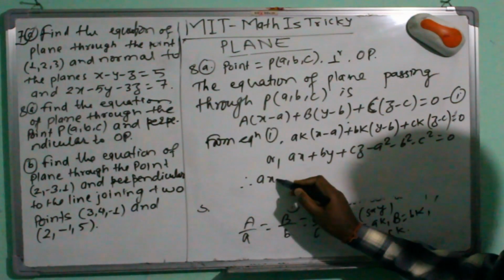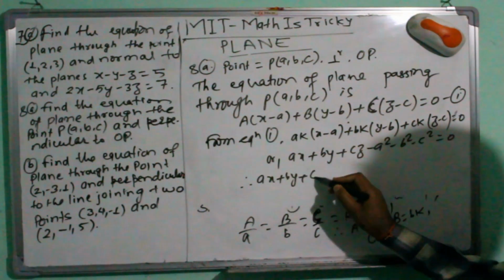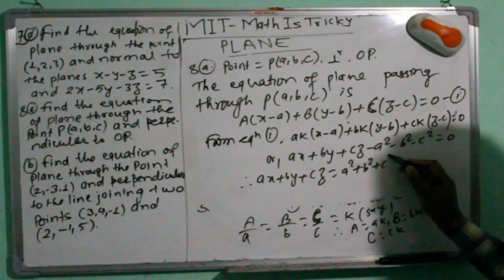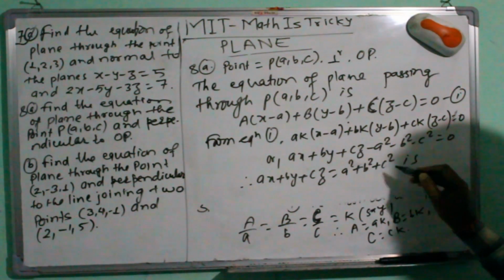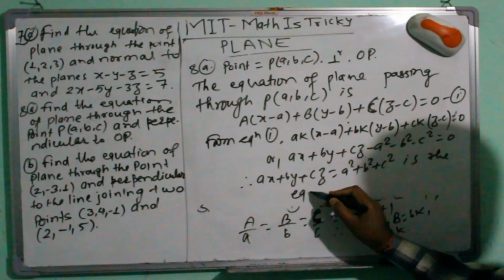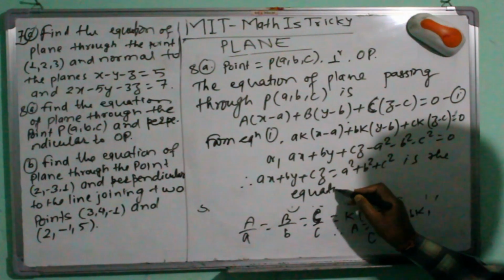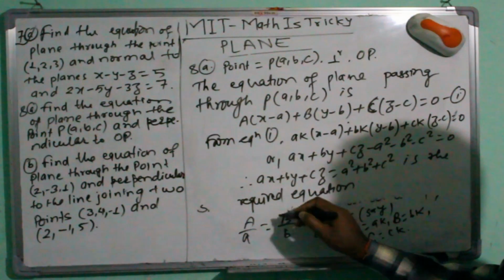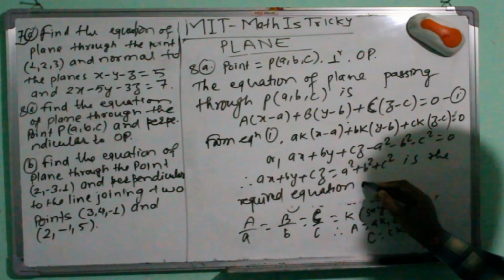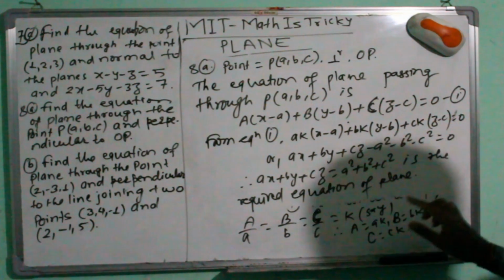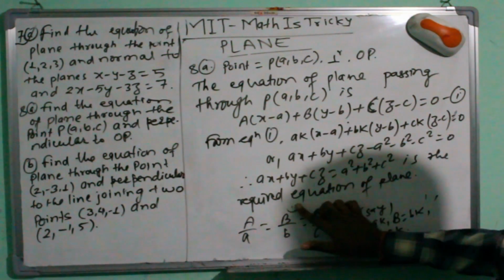Therefore AX plus BY plus CZ equals A square plus B square plus C square. This is the required equation of the plane.